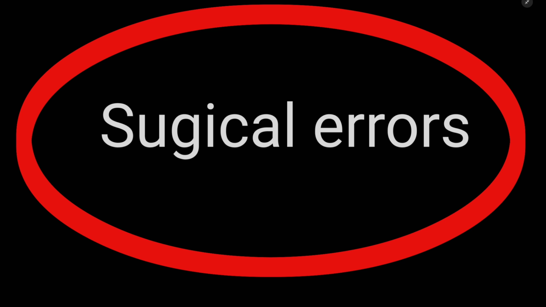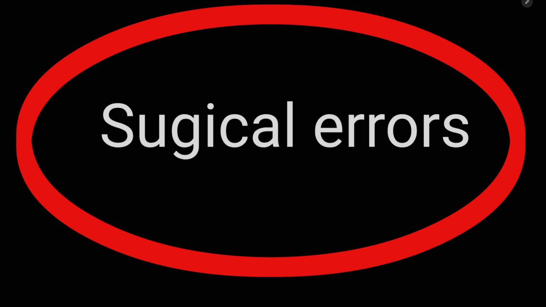A surgical error refers to any mistake made during the performance of a surgical procedure, which can harm the patient or lead to unexpected complications. This error can be caused by a variety of factors, including human error, lack of communication, improper equipment, or a failure to follow proper medical protocols.